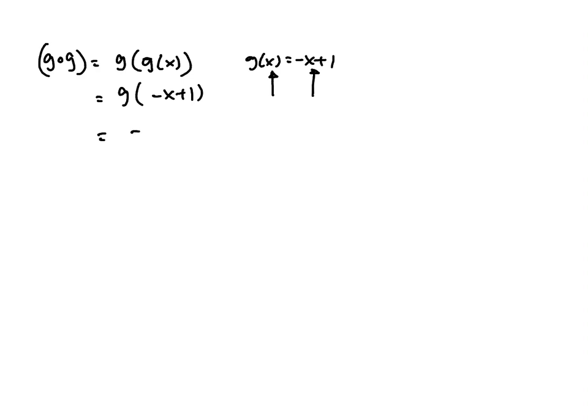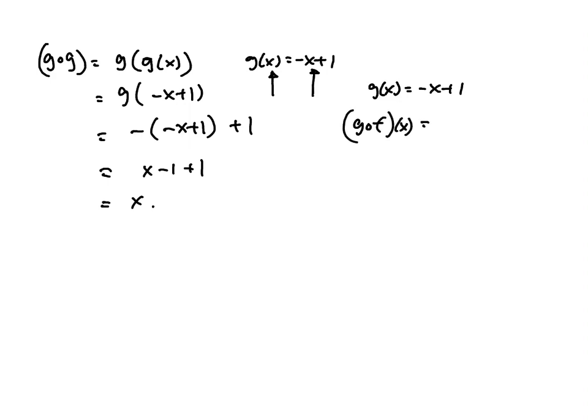So this is negative of negative x plus 1, plus 1. Simplify, you get x minus 1 plus 1, which is x. Okay. So g of x is negative x plus 1, and g circle g of x is x.